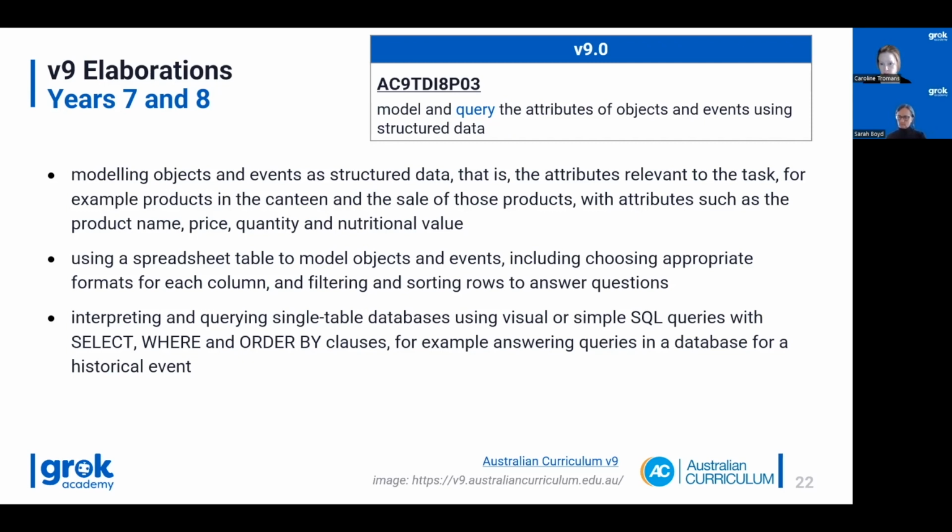Using a spreadsheet table to model objects and events, including choosing appropriate formats for each column and filtering and sorting rows. And lastly, interpreting and querying single table databases using visual or simple SQL queries with a select, where, and order by clauses, for example, answering queries in a database for a historical event. So using SQL queries on a single table database is something we'll show you some examples for later in this session.